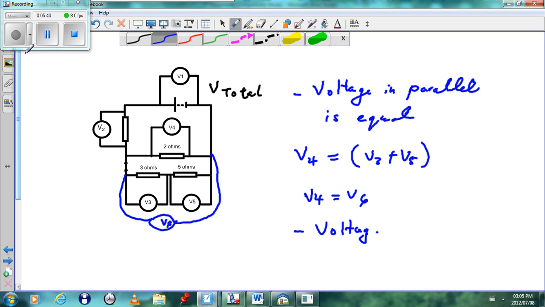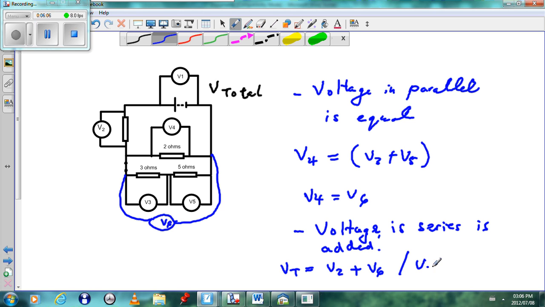Now, if you look at our example, we can say that voltage in series is added. So in our example, we can say that V total will be equal to V2 plus V6. Or it could also have been V total is equal to V2 plus V4.